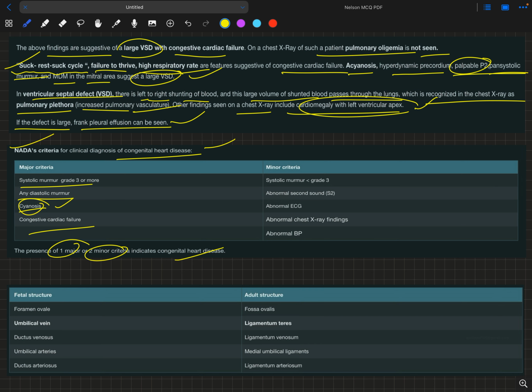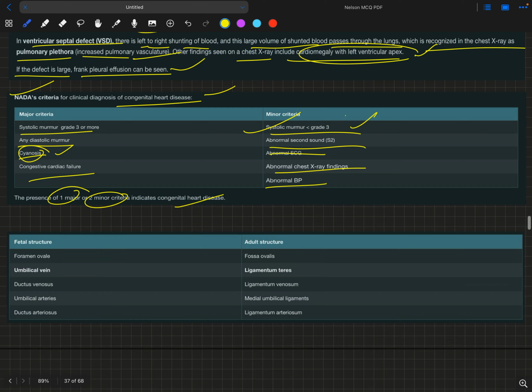We measure oxygen saturation pre-ductal in the right arm and post-ductal in the right leg. The minor criteria are systolic murmur less than grade 3, abnormal S2, abnormal ECG, abnormal X-ray, and abnormal BP.